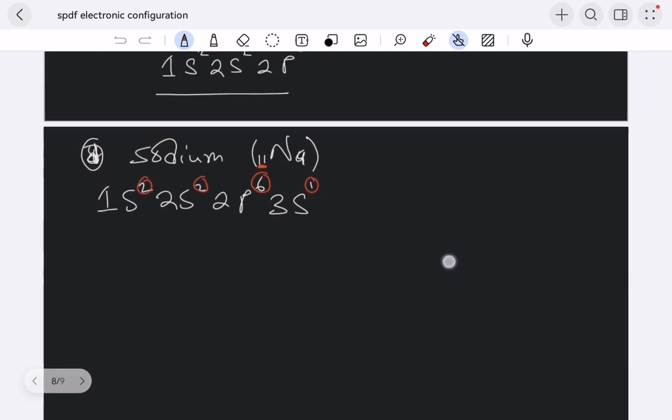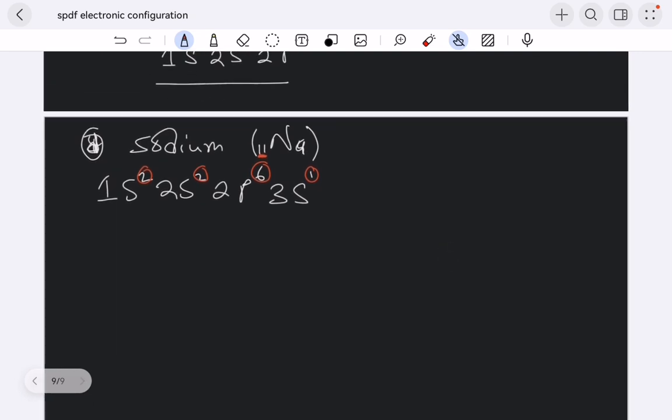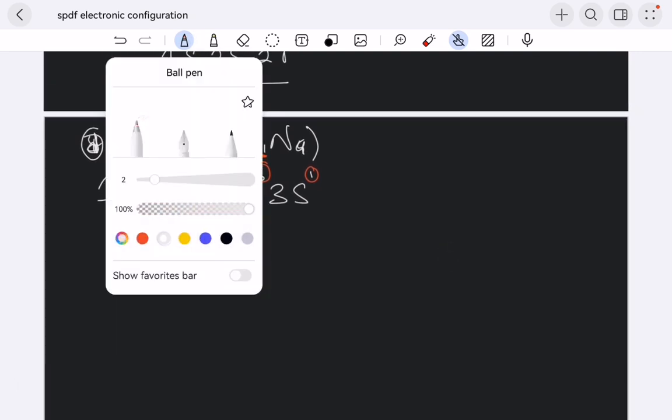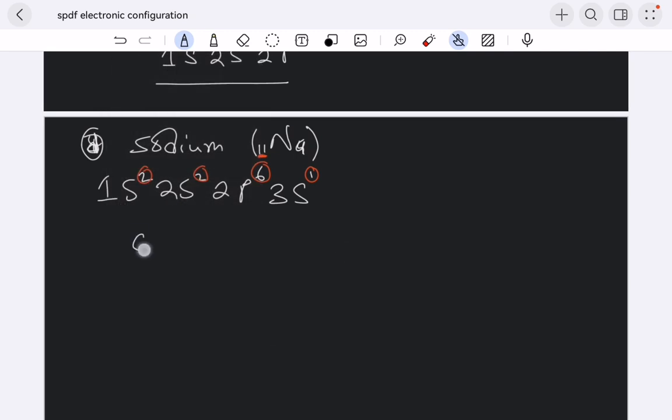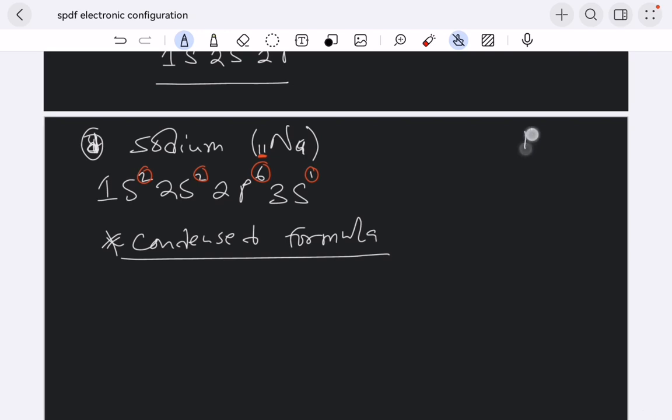Let's look at E. So we have what we call a condensed formula. I'll just give one example. On condensed formulas, you can use any of these noble gases to write a condensed formula.